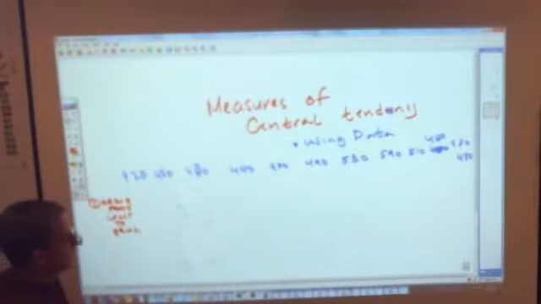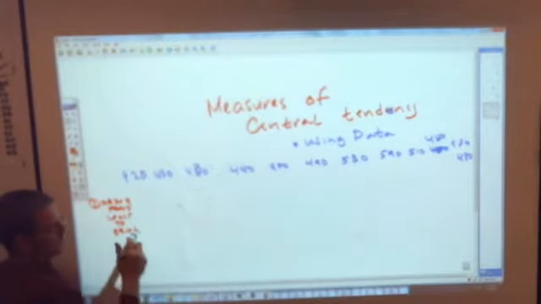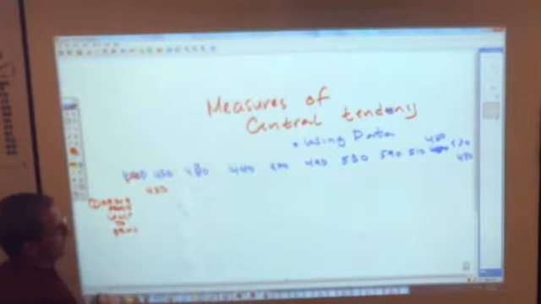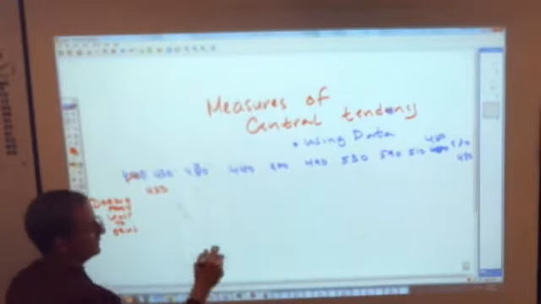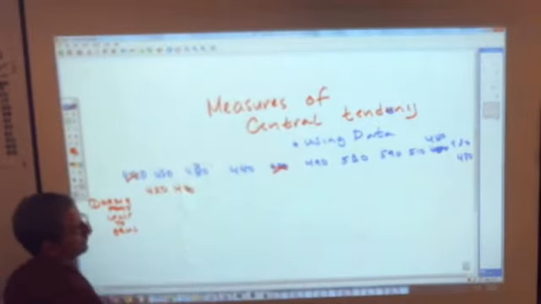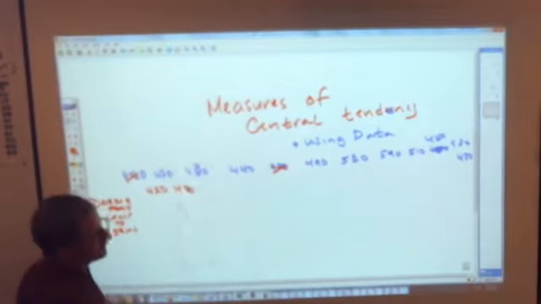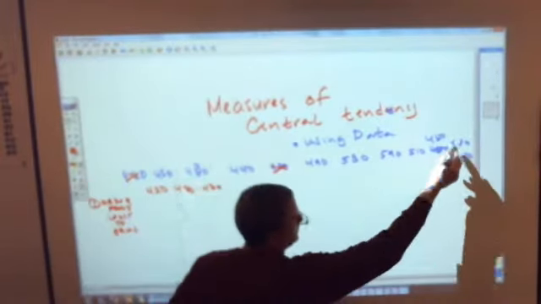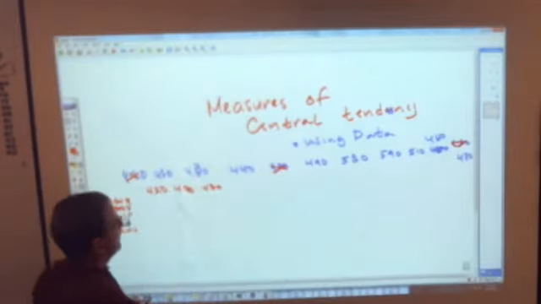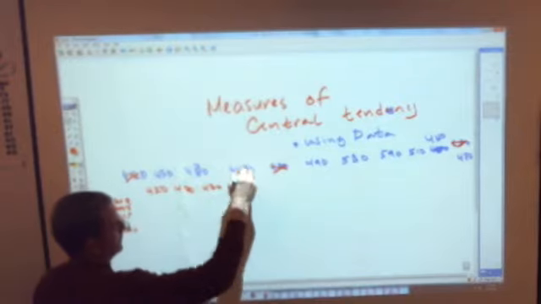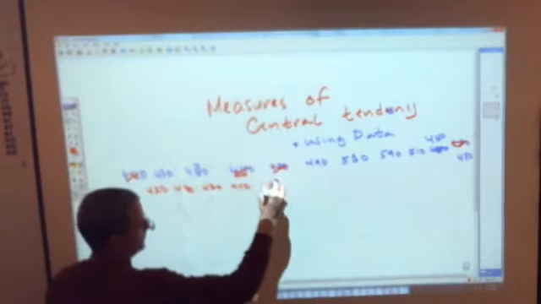So you start and you just go from the smallest to the biggest. I believe the smallest is still 420. Indeed. Two 420s, right? Yes. And then there is a 430. And there's a 440, and two 450s.